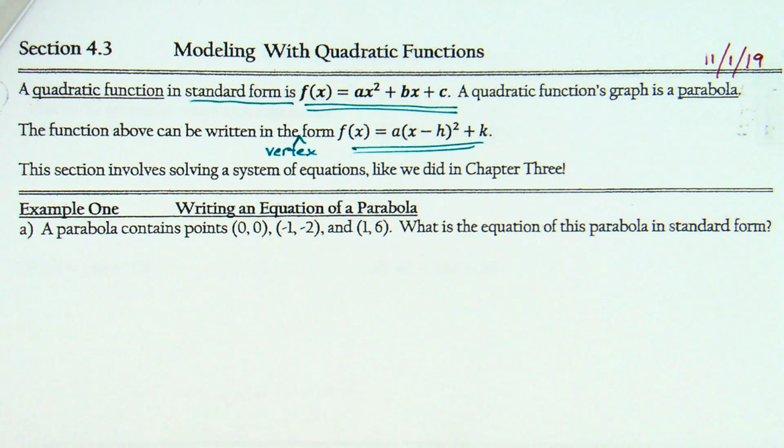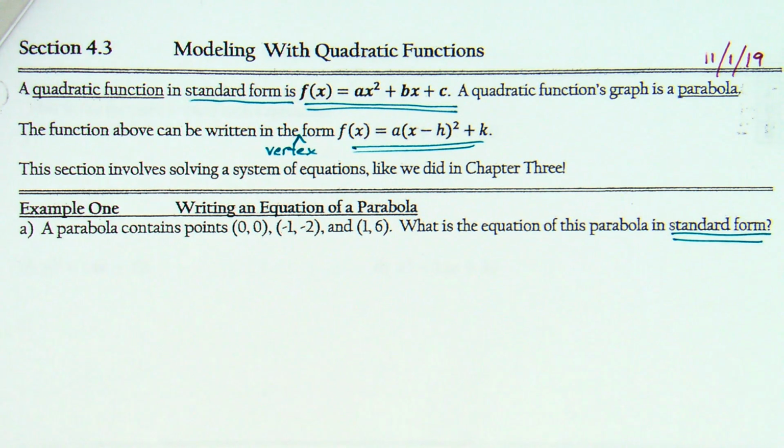A parabola contains points (0, 0), (negative 1, negative 2), and (1, 6). Okay, so you can graph those if you want to. Not necessary, though. The question is, what is the equation of the parabola in standard form? So when I say that I am looking for standard form for my final answer, what is standard form again?